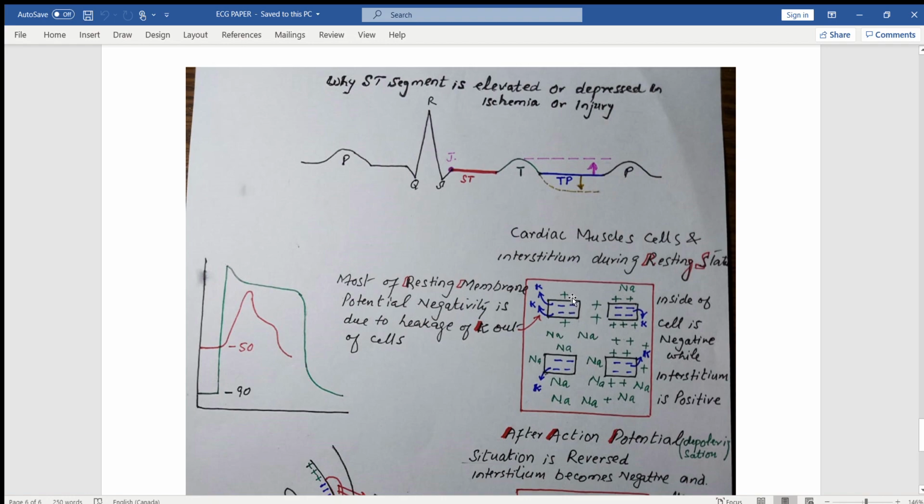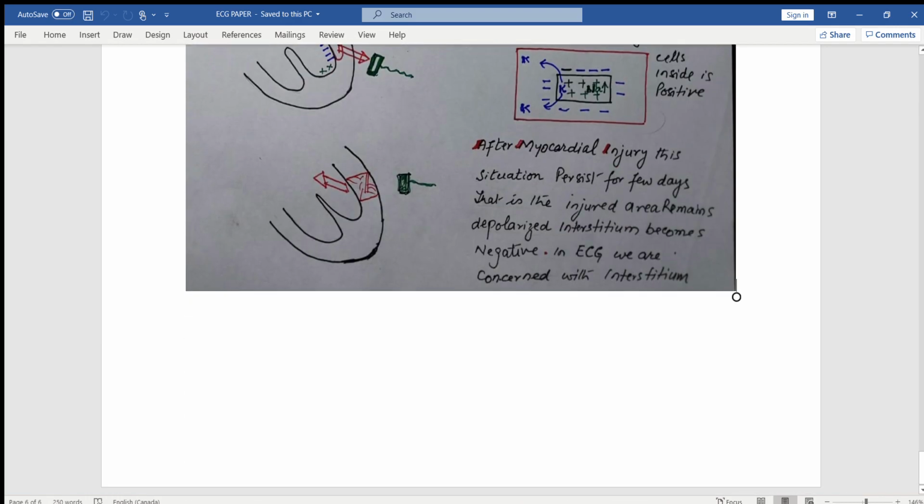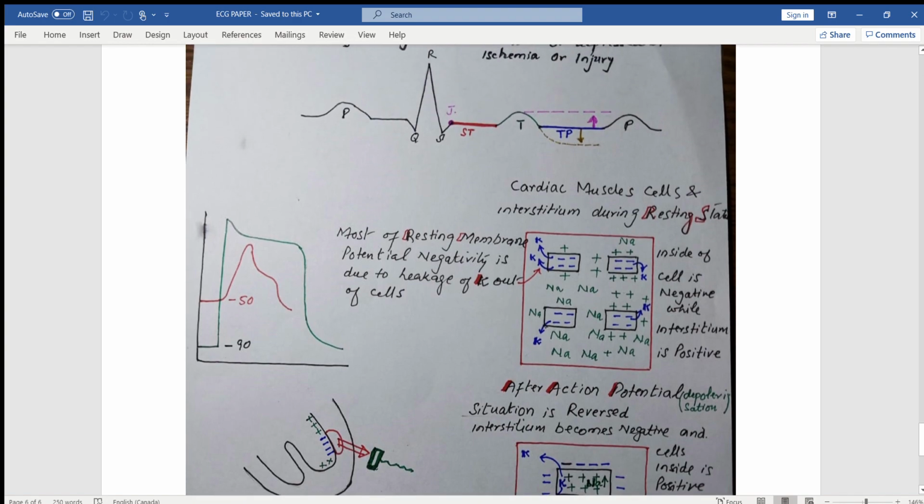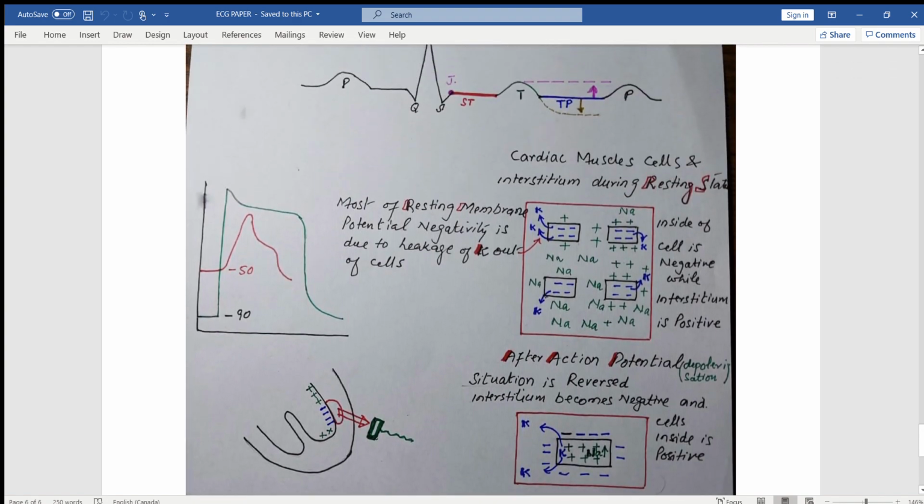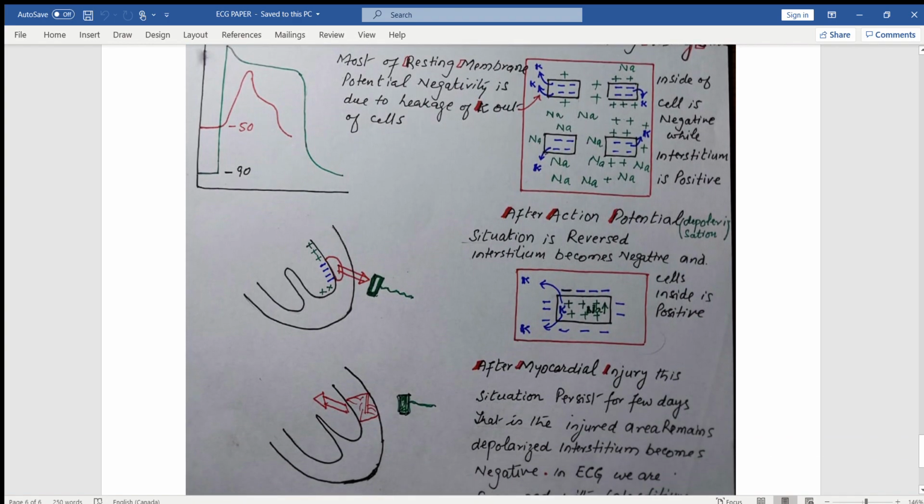If you see the interstitium outside the cell, we have more sodium ions, that is more positivity outside, and inside the cell is negative. This is the normal situation in which our cardiac muscles are present. Now, whenever a wave of depolarization comes, the situation is going to be reversed.